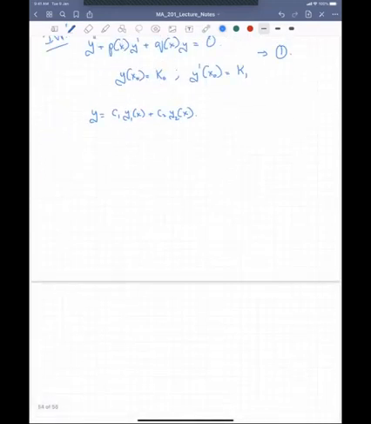So the answer to this is provided by a theorem and I will simply write down this theorem without proof.